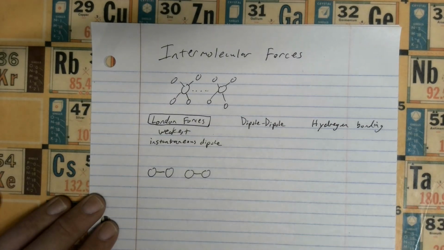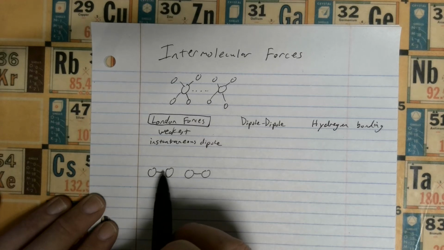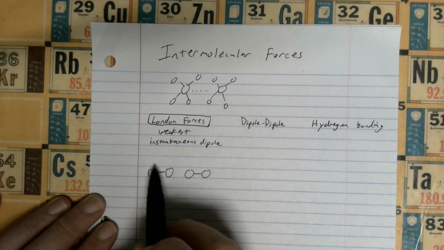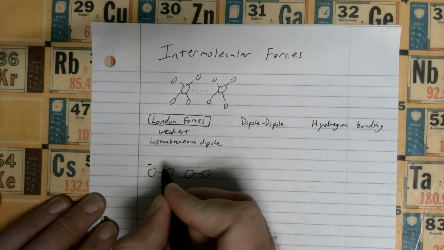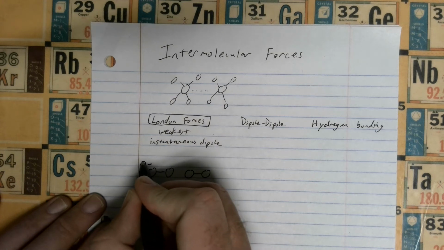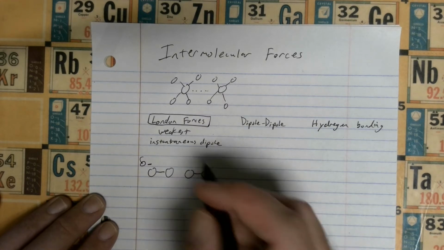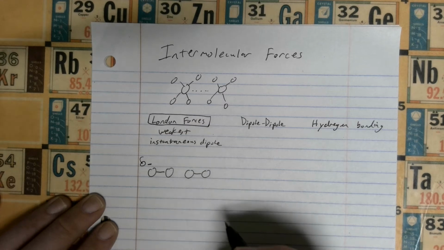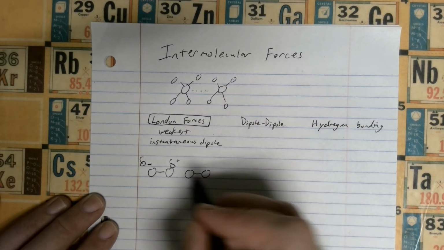But let's say for an instant, a majority of the electrons end up over on this side. Then this side is going to be partially negative for an instant, and this side would be partially positive for an instant.